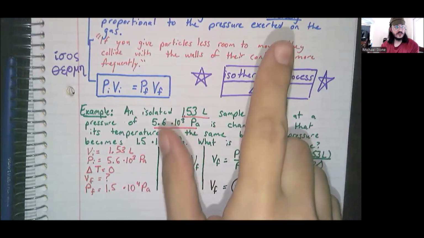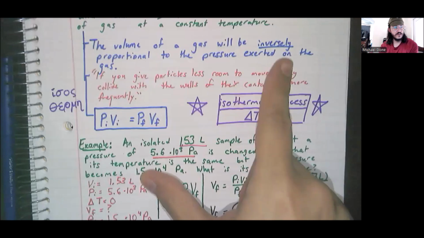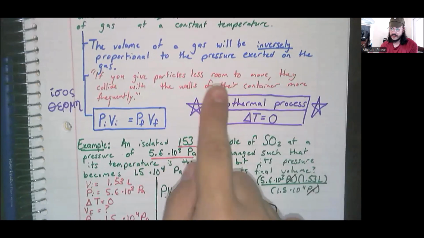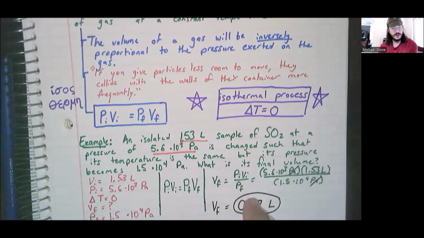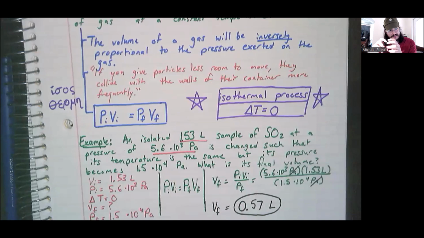According to Charles' law, it is an inverse proportion between pressure and volume. If pressure goes up, volume goes down. You're squeezing the gas harder, it takes up less space. You are compressing it, and then it fights back.